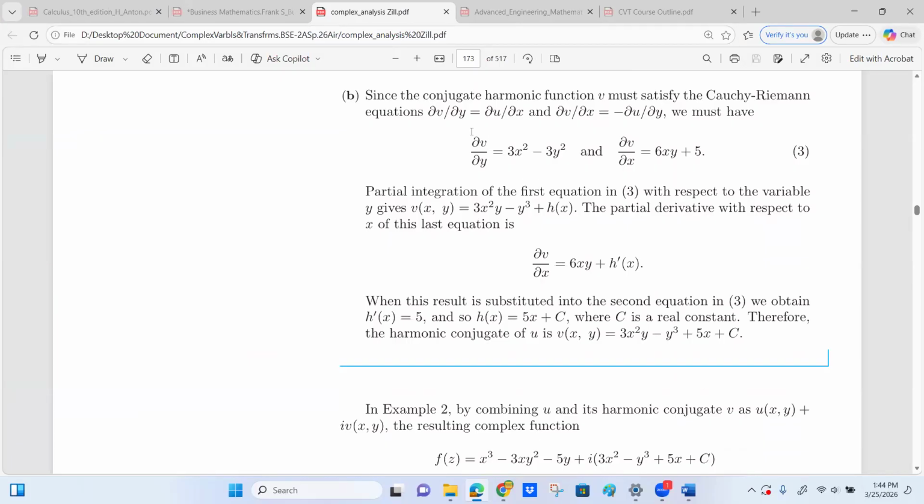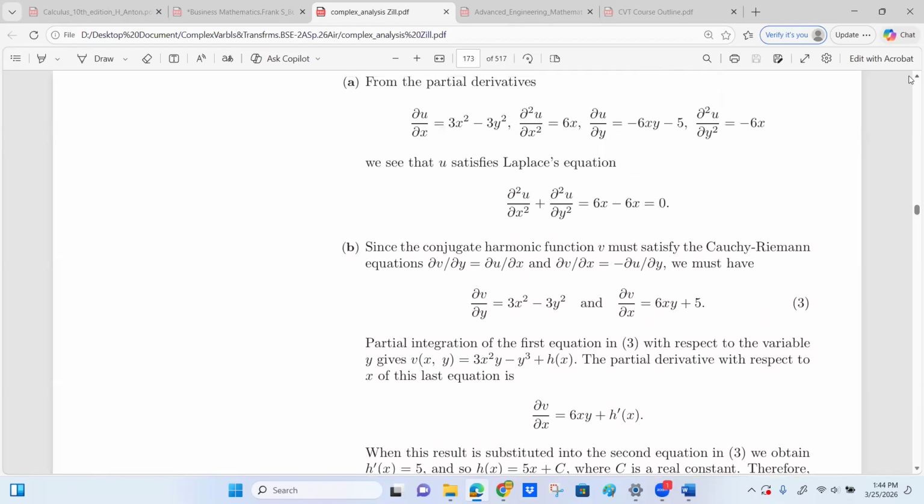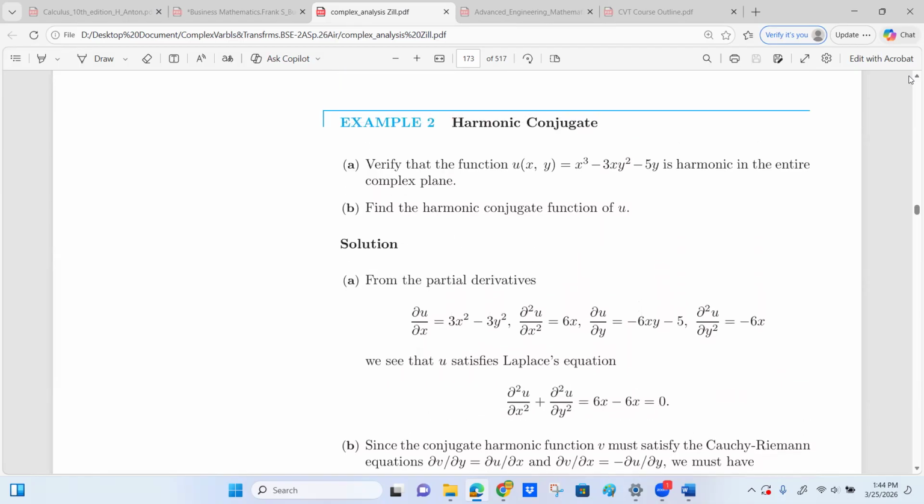The Cauchy Riemann equations are: partial u by partial x is equal to partial v by partial y, and partial v by partial x is equal to minus partial u by partial y. In the question we have only the value of u, not of v. So for the conjugate of the function u, we have to find the v value.